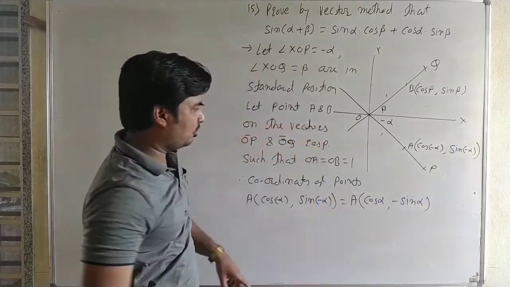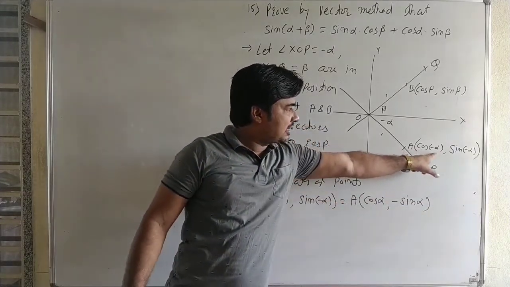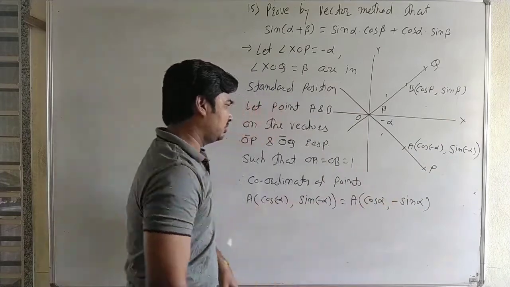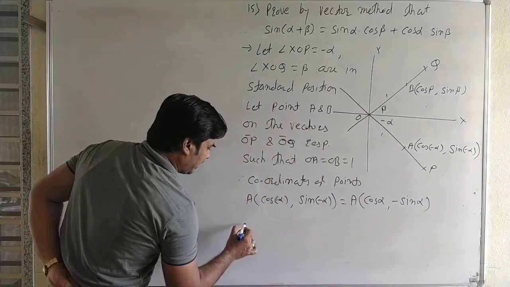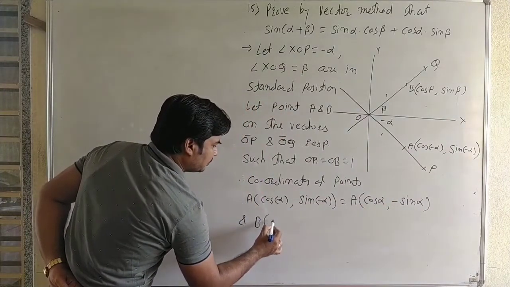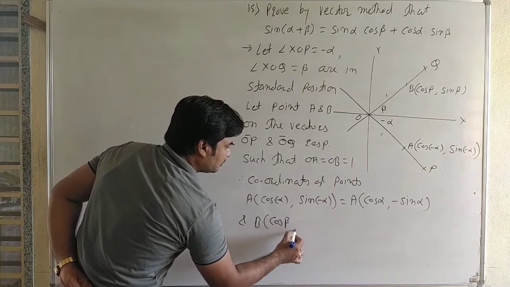We use the trigonometric ratios of a negative angle, and the coordinates of point B are cos beta comma sin beta.